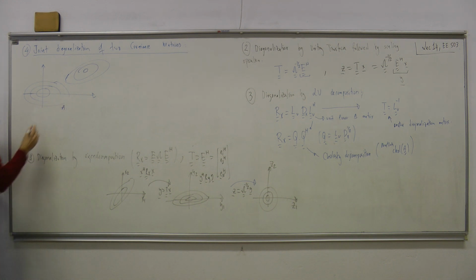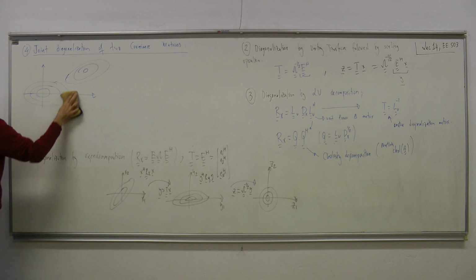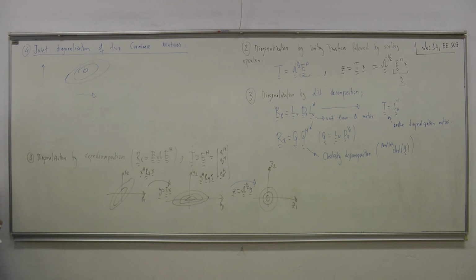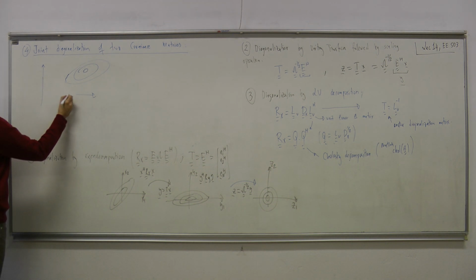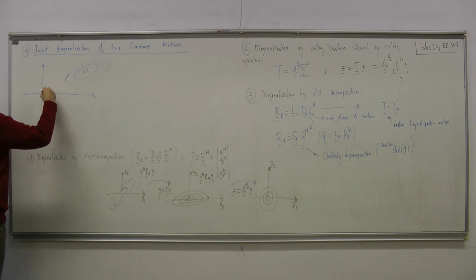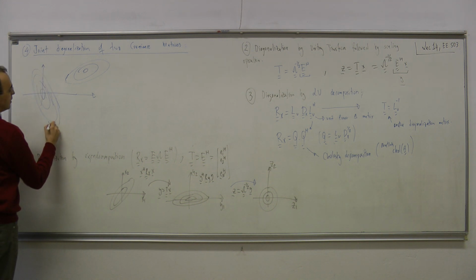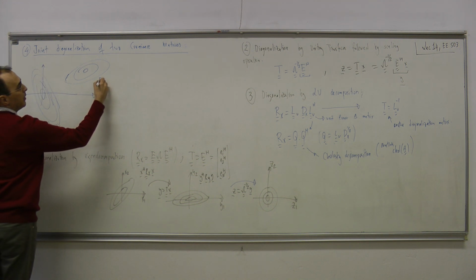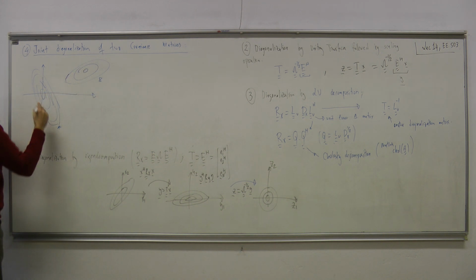Let me also make this not aligned with the axis, in a strange shape. Maybe something like this. So this is A, and this one is B. I hope it's clear what my intention is.